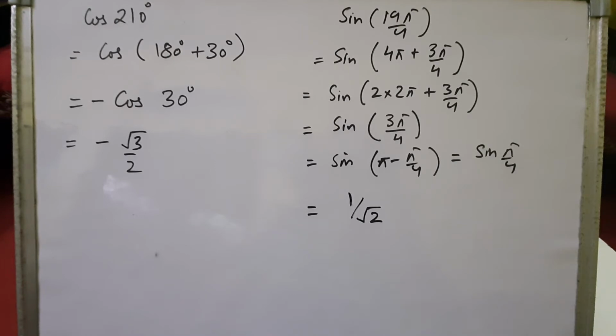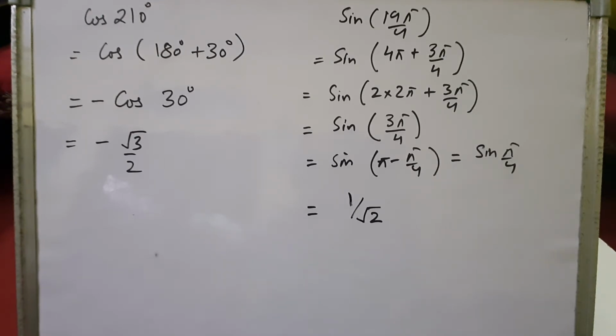And we have studied that in the case of 180 degrees and 360 degrees, the trigonometrical ratio will not change. And if it is written as 90 plus theta, 90 minus theta, 270 plus theta, 270 minus theta, the trigonometrical ratio will change: sine into cos, cos into sine, tan into cot, cot into tan, sec into cosec, and cosec into sec.